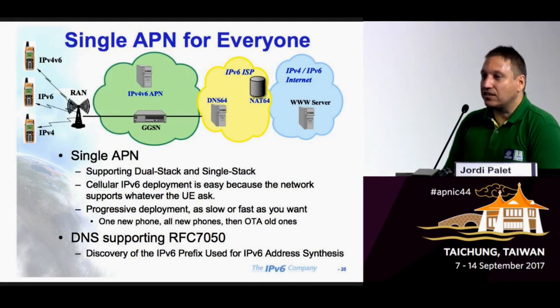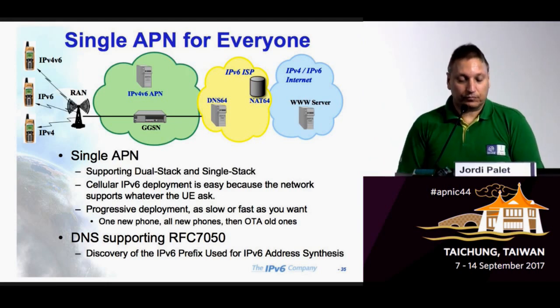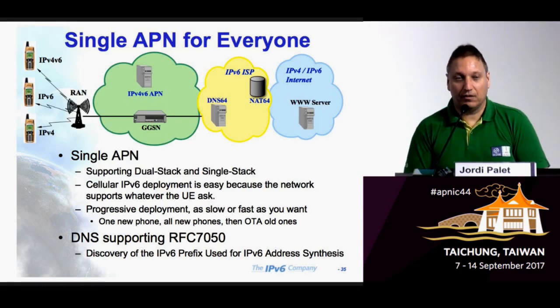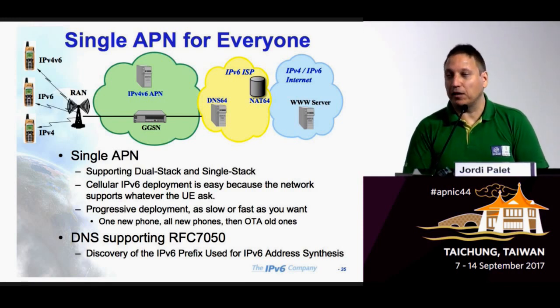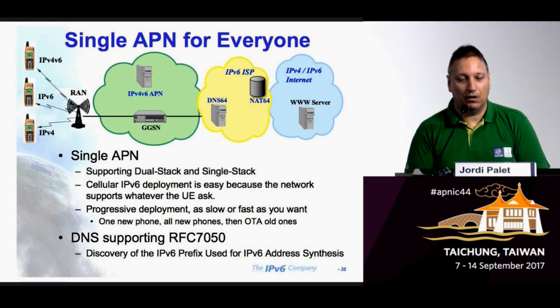So what is the correct way, according to my experience, to have the APNs? There are some people deploying IPv6 that use several APNs. Maybe one APN for older IPv4 only phones, another APN for dual stack phones, another APN for IPv6 only phones, and so on.